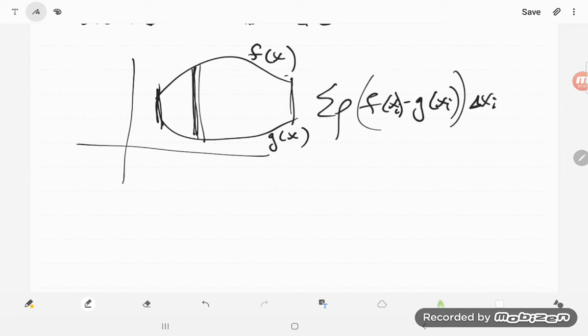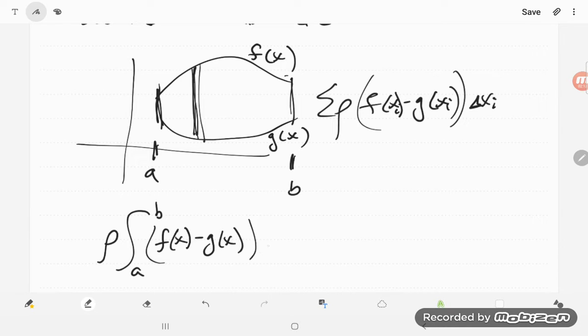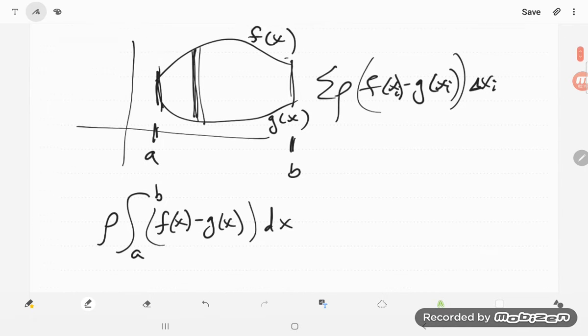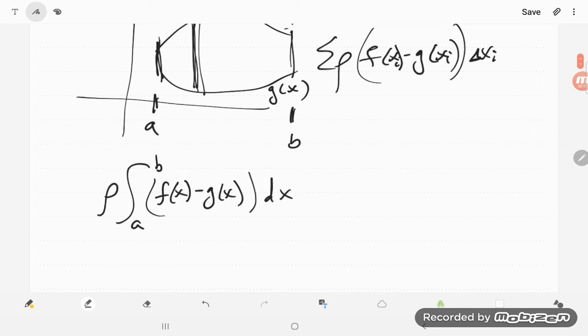And, well, we sum all those up. And so if this is a and that's b, we want an integral from a to b of rho times our f of x minus g of x dx. And there we go. There's our mass.